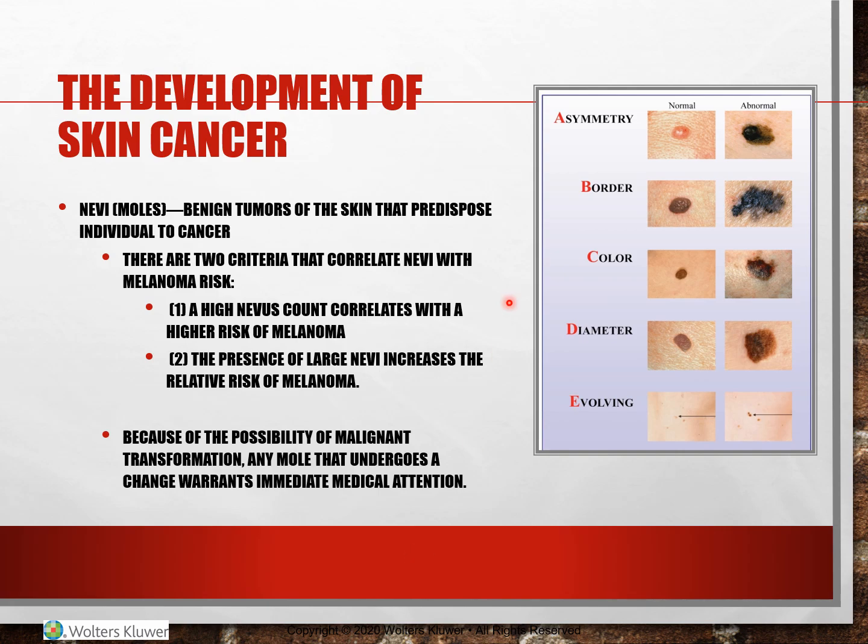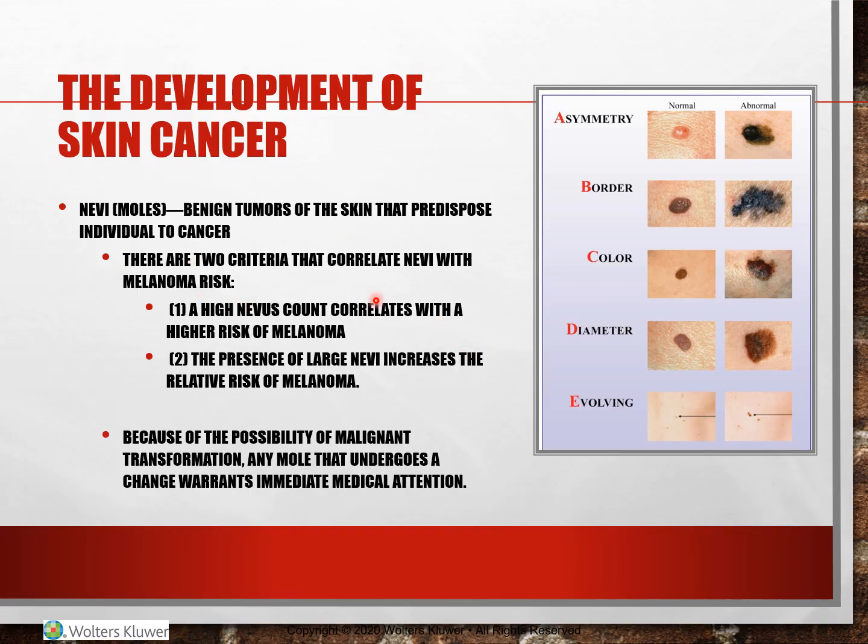So again, one of the major reasons why we want to reduce UVA and UVB exposure is because of the risk of the development of skin cancers. For people who have nevi or moles, these are benign tumors of the skin, but they can also predispose people to the development of skin cancers.